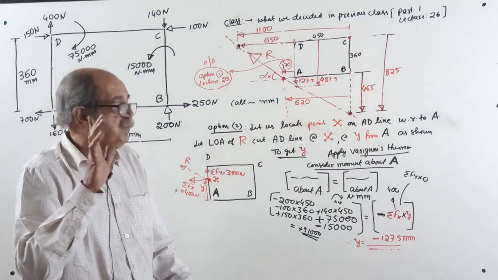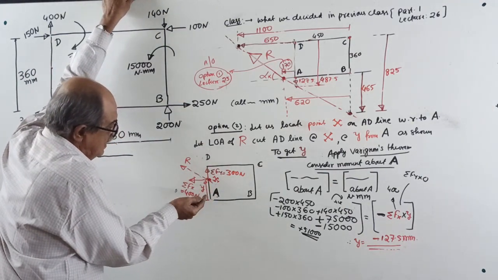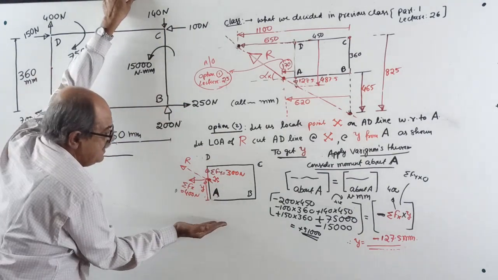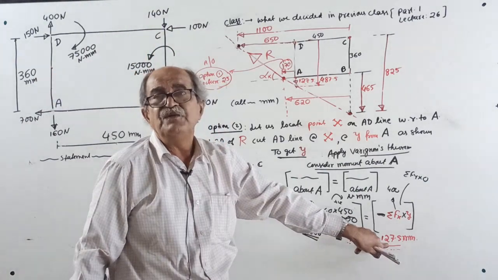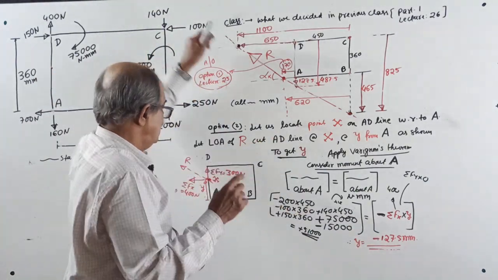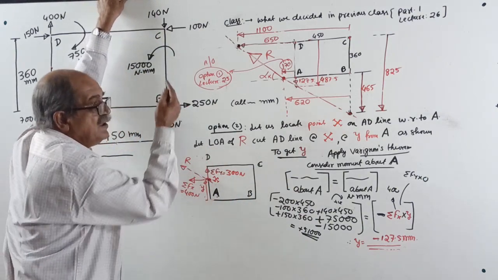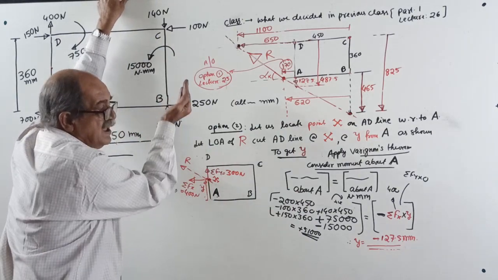We considered the point X along the AD line at a distance of y above A. See here, above A. But we got a negative sign for y. That means your assumption that the point will lie above A was wrong.